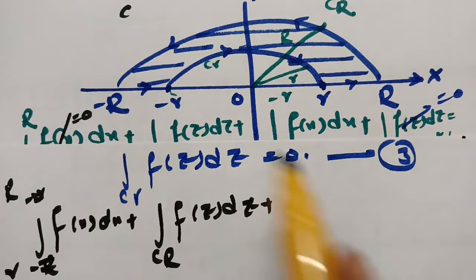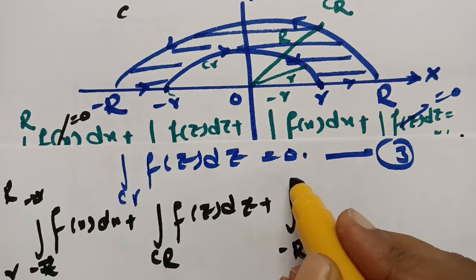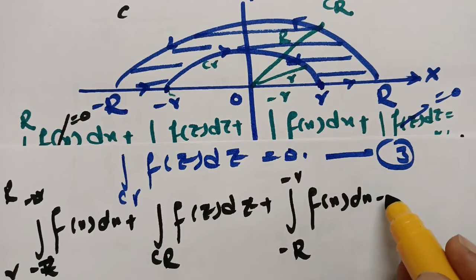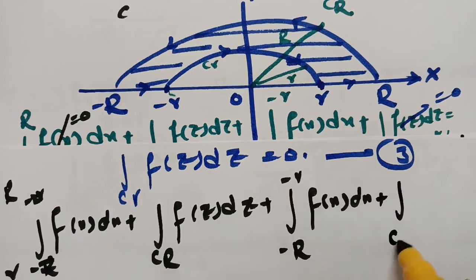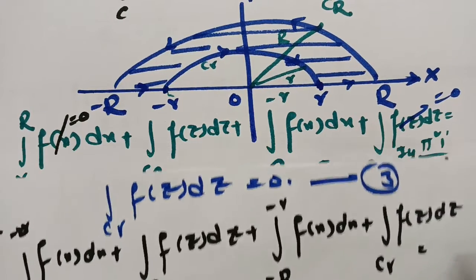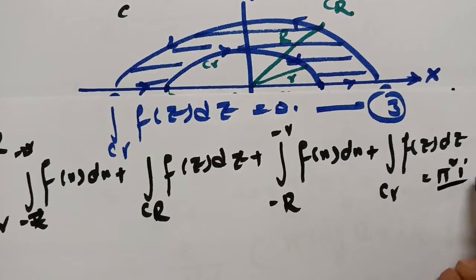And the next one is from minus capital R to minus small r of f(x) dx, plus the integral over small c_r of f(z) dz, equal to pi squared i by 2.